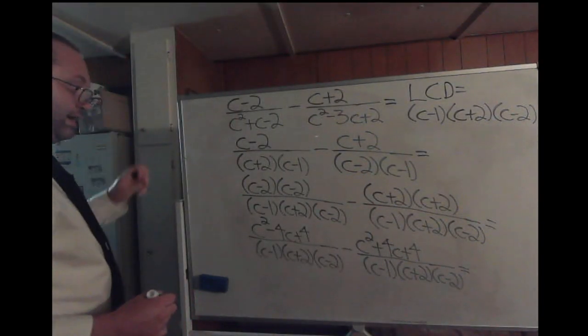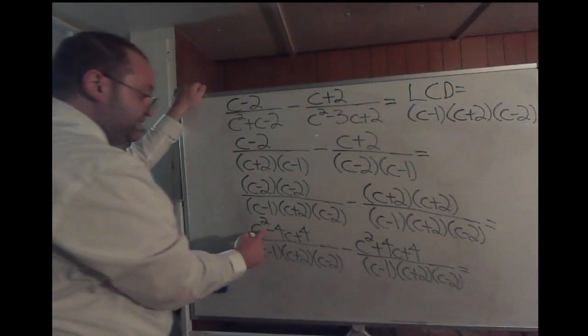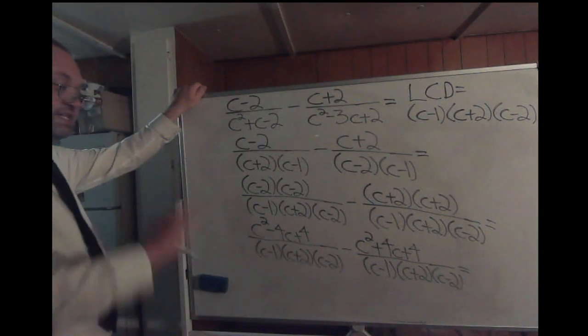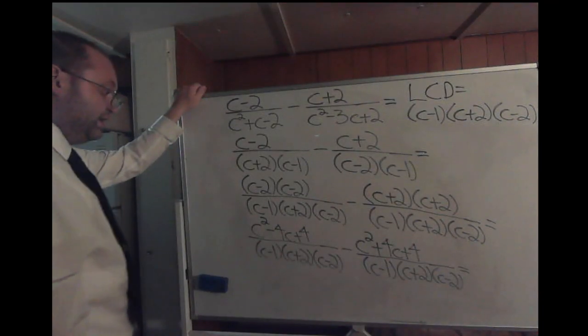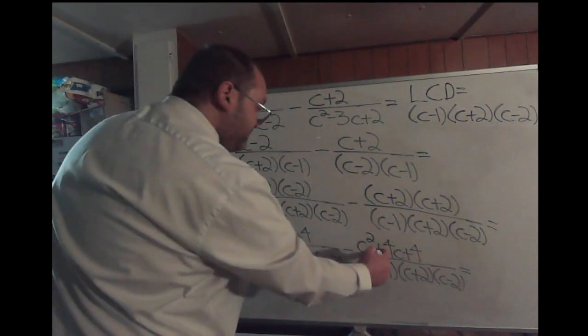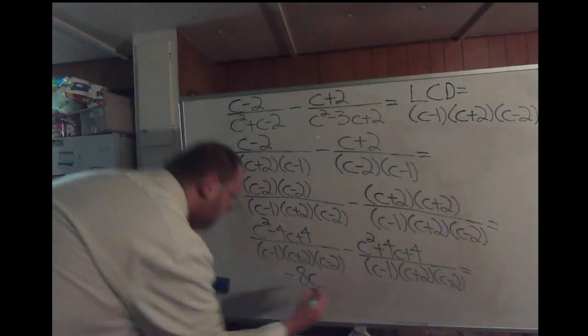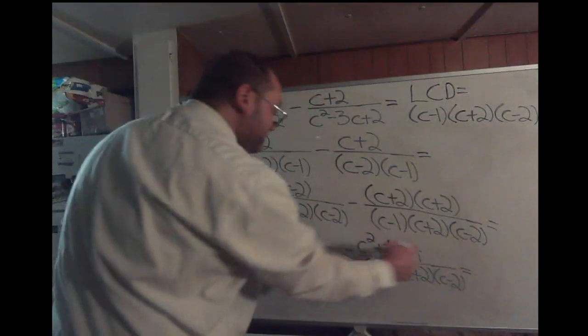Still have the same denominator, so we can go ahead and do the math. If you do it, you get c squared minus c squared. C squareds are gone, no quadratic left. But you'll end up having negative 4c minus 4c. That'll give you negative 8c. And then you have 4 minus 4, that's 0.